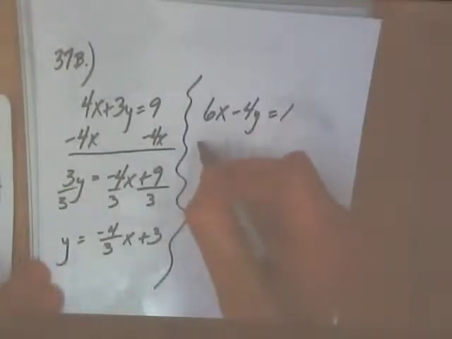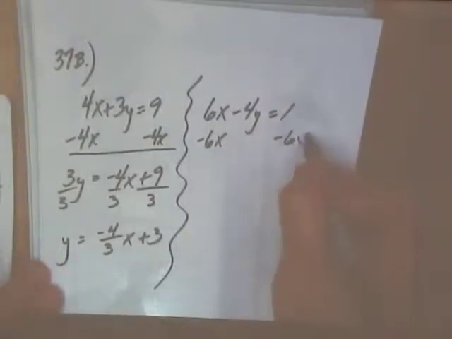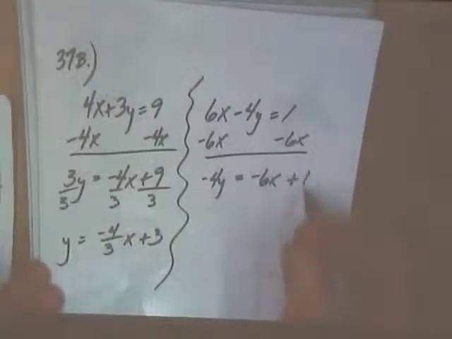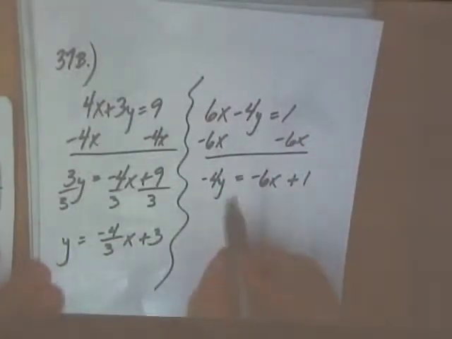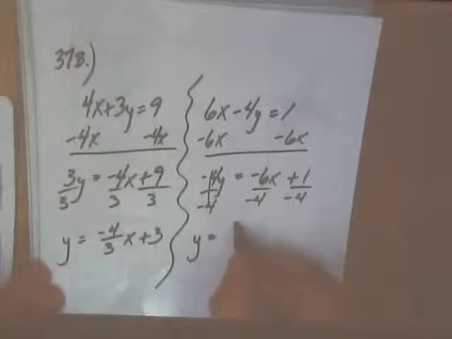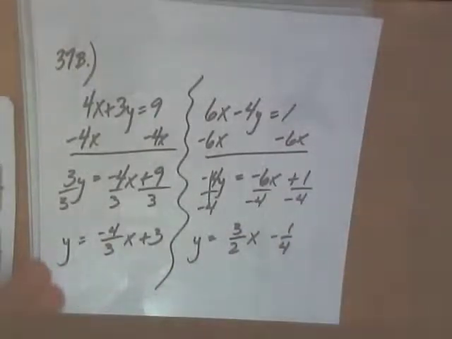And then for this one, minus 6x, negative 4y is equal to negative 6x plus 1. Divide everything by negative 4. So y is equal to 3/2 x minus 1/4.